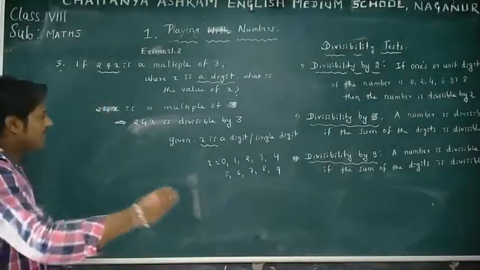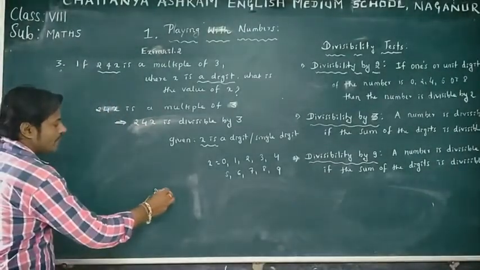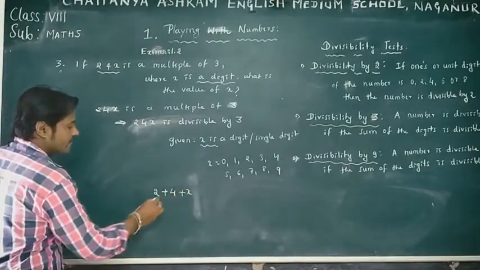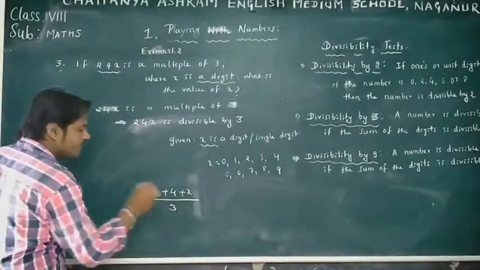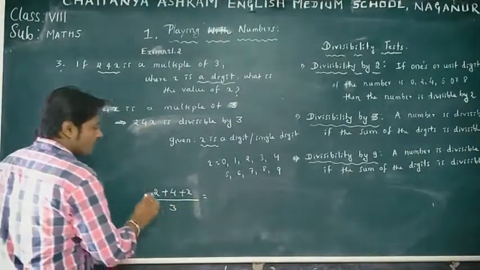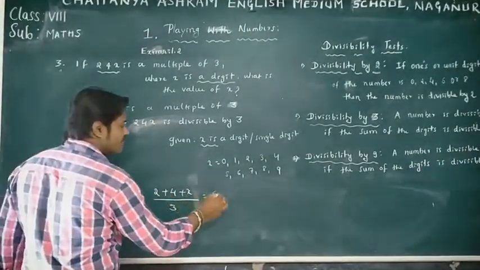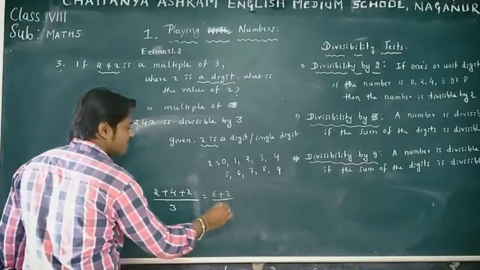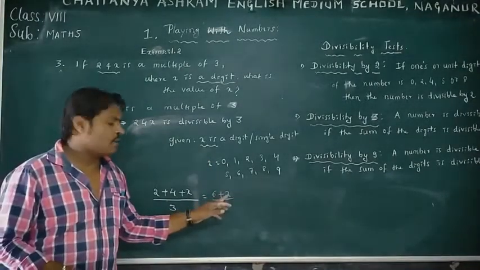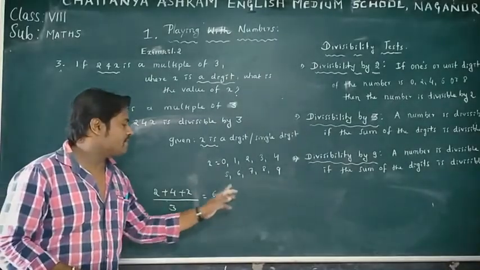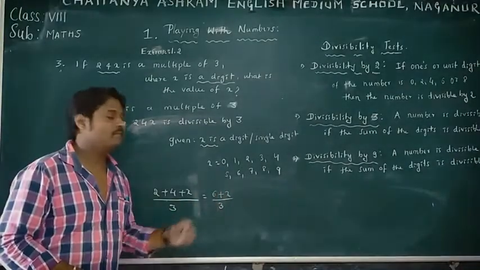That is 2 plus 4 plus x. Find the sum: 2 plus 4, 6 plus x is divisible by 3. So what are the values of x which make this sum divisible by 3?